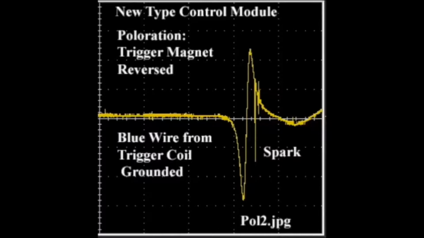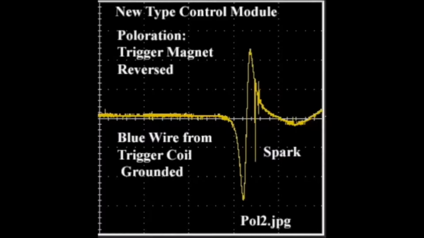So what we can see here is that the voltage comes in and we get a negative spike, and then that rapidly rises when we reverse the polarity to go to a positive, and on the positive spike it comes down the slope of the positive pulse, and about halfway down, bingo, we got a spark.